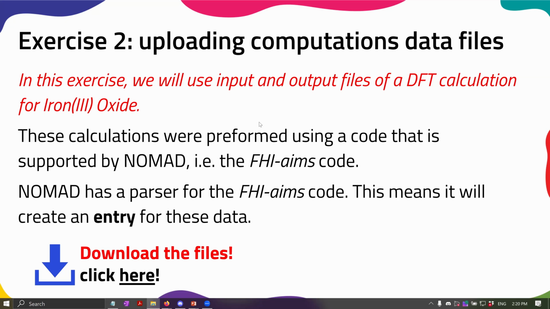NOMAD has support for a wide range of DFT methods and codes, and also other theoretical techniques. In this specific exercise, we have calculations performed using the FHI-aims code, which has a parser within NOMAD, which means entries will be created from this file.